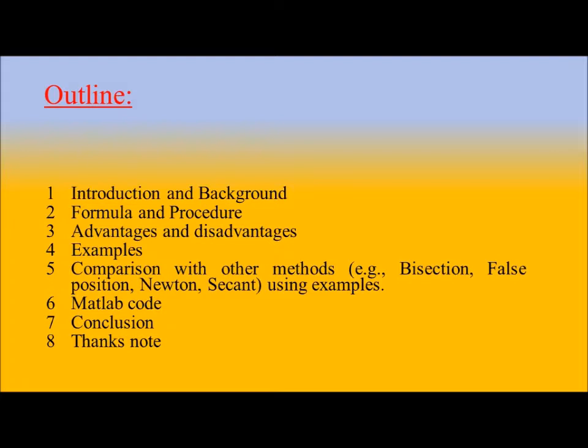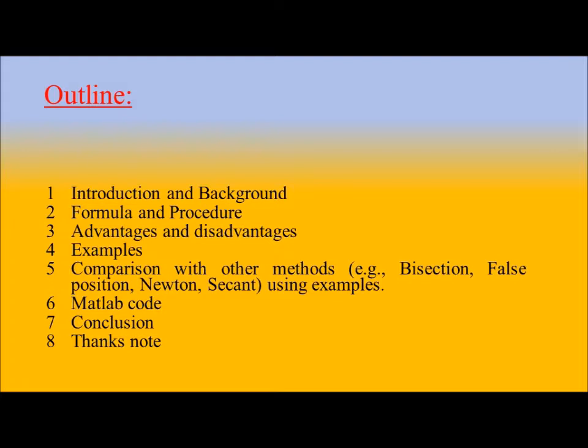After that, I will show not one but two examples for this method to explain it clearly, and I hope you will get a clear idea about this method from these two examples.